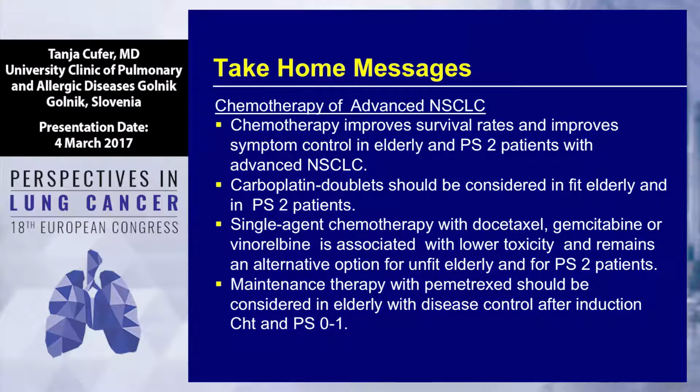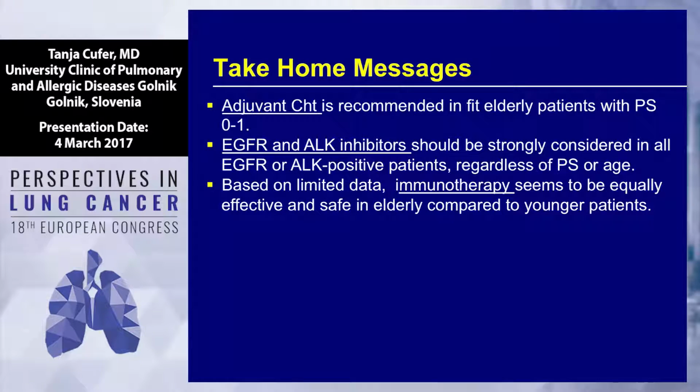To make it short, chemotherapy improves survival, also in performance status 2 and elderly patients. A platinum-based carboplatin doublet should be considered in fit elderly and performance status 2 patients. Adjuvant chemotherapy is recommended for fit elderly patients and patients up to performance status 1.